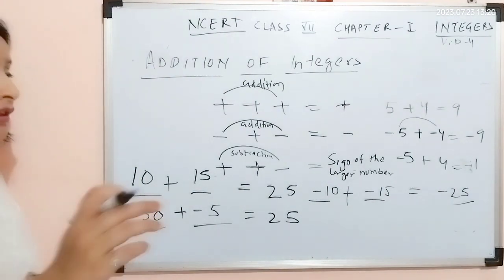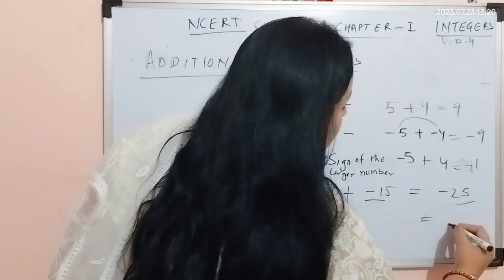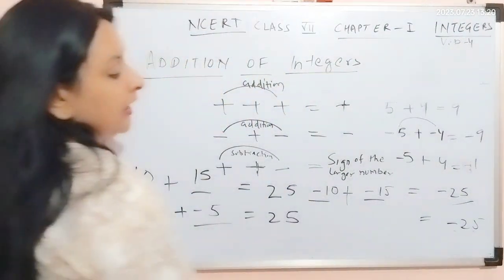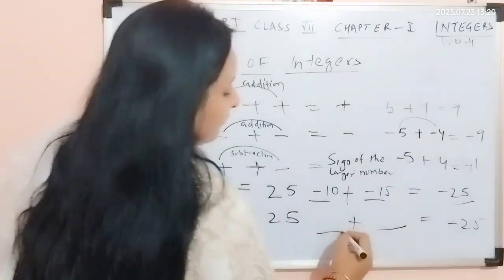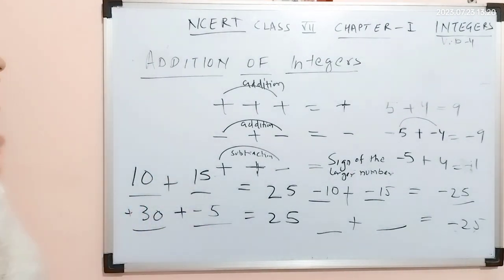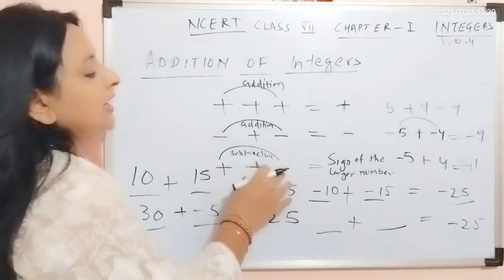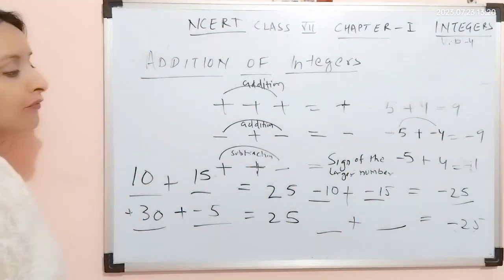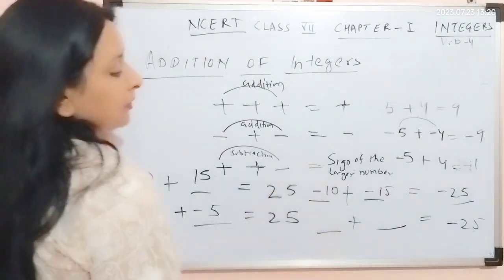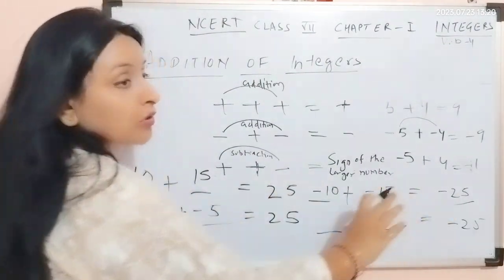Now if it is given that the sum is a negative number, and one number must be positive and one must be negative, again in that case you have to apply this situation. Subtraction will happen and the sign of the bigger number will come, and obviously a negative sign is required, so we will take the bigger number as negative, that is more than 25.